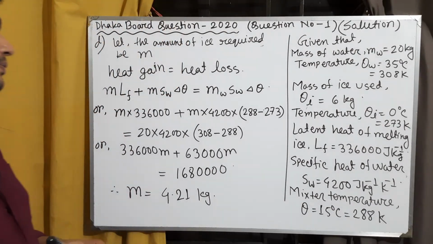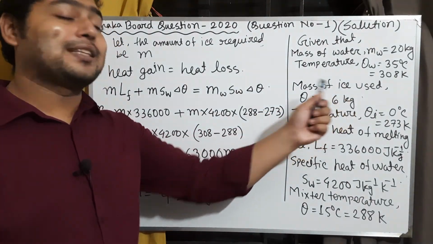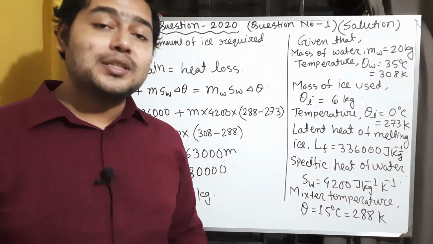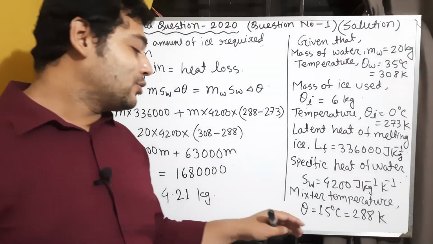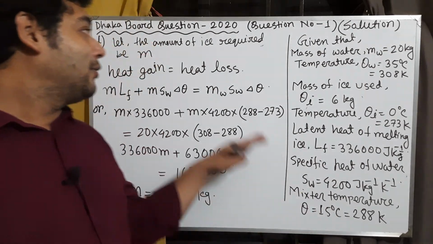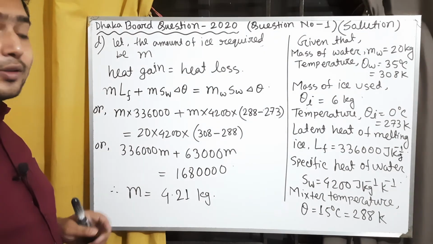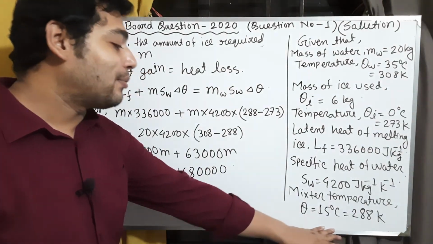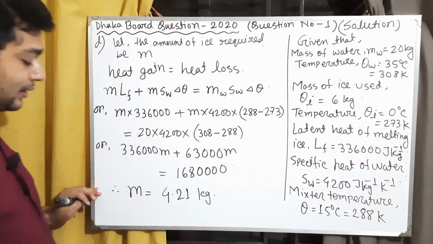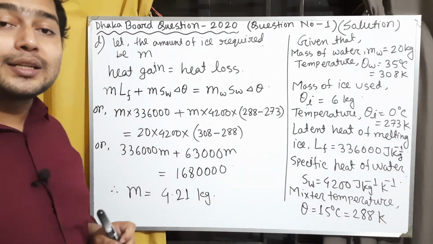So we see that the man used 6 kg, but the condition is that the temperature of the mixture needs to be kept fixed at 15 degrees Celsius. We assumed the amount of ice is M to keep this temperature fixed, and after calculation we get M is 4.21 kg.